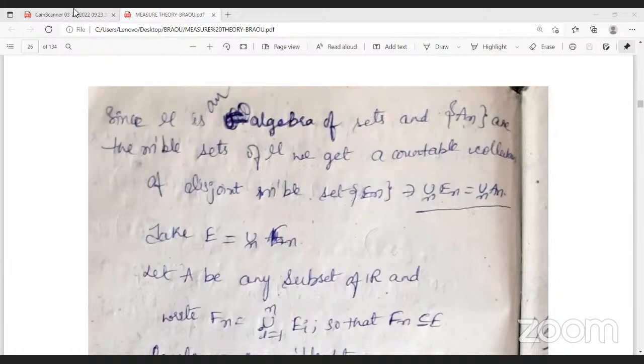Therefore, taking measure on both sides, m of E1 equals m of E plus m of E1 minus E, and measure of En equals measure of En plus 1 plus measure of Fn.